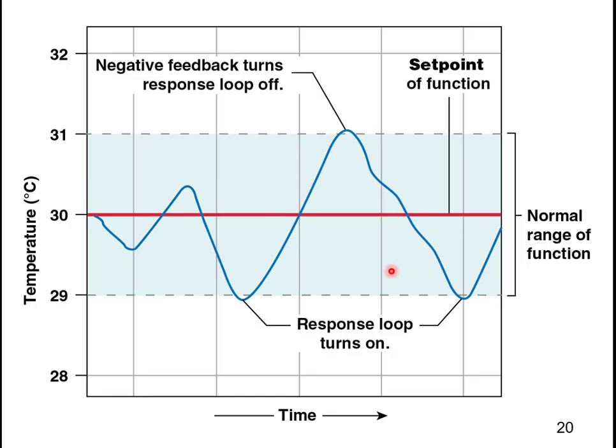So for instance, let me give you an example in your body and why I'm showing you this. Calcium within your body, blood calcium levels. When blood calcium levels go too low, parathyroid hormone kicks in and causes blood calcium levels to rise. When blood calcium levels rise too high, a hormone called calcitonin kicks in and drives them back down.